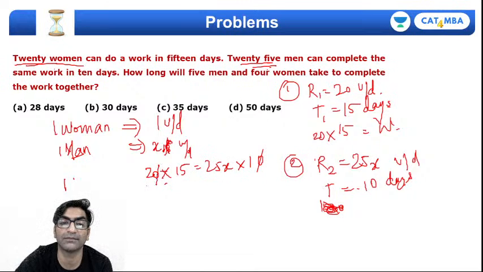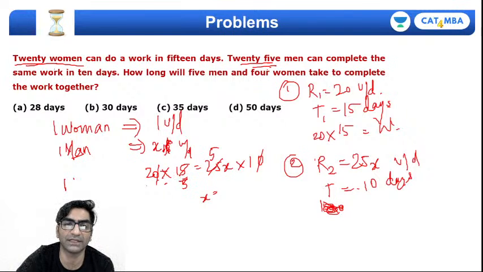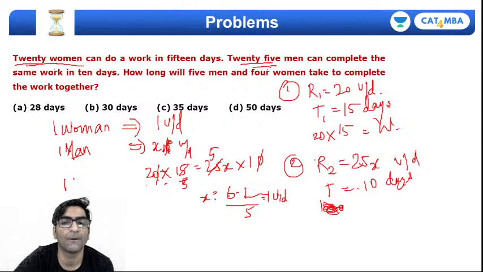And what's the magic unfold? Right? 5 5s are 25, 3s are 15, 5 5s are 25. So we'll get x as, okay, 3 into 2, 6, right? So 6 minus 1, 5 divided by 5. So that's 1 unit every day. Right?